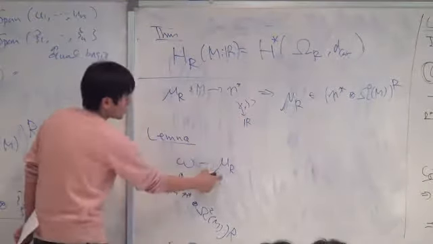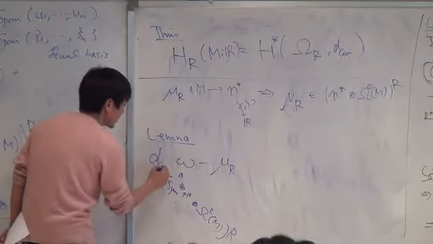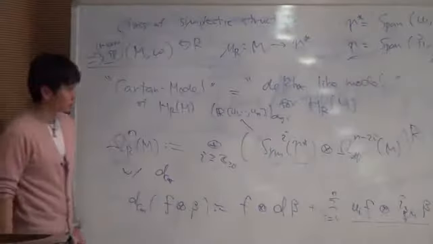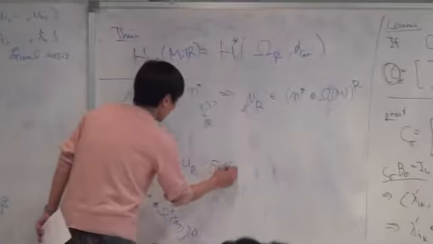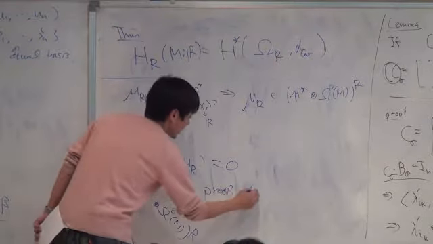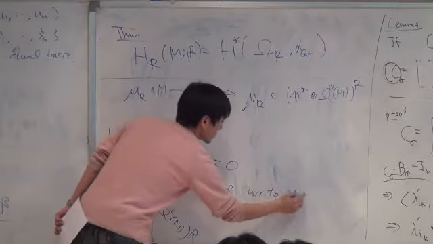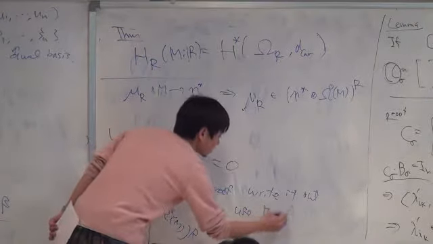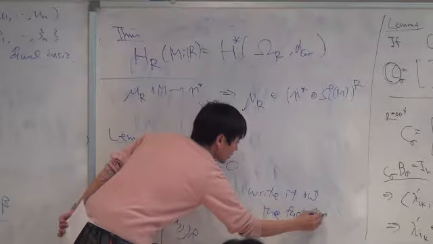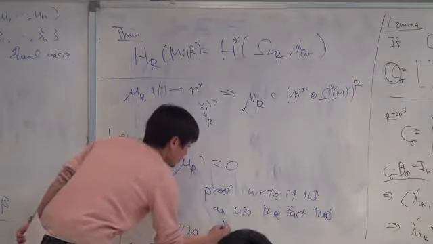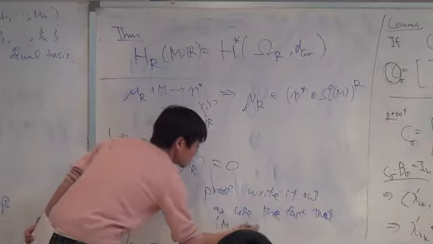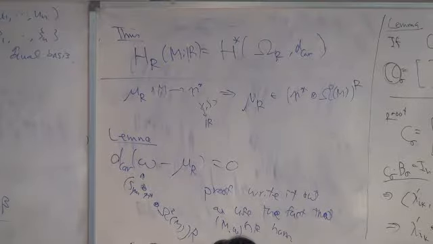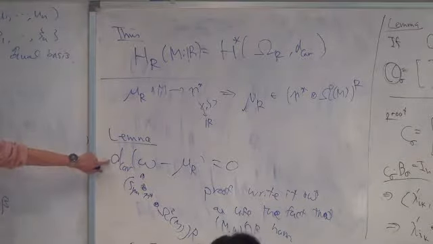Mu is in there too, and if you apply the Cartan differential, it's going to be 0. Write it out and use the Hamiltonian condition, which is exactly the condition that this becomes 0.